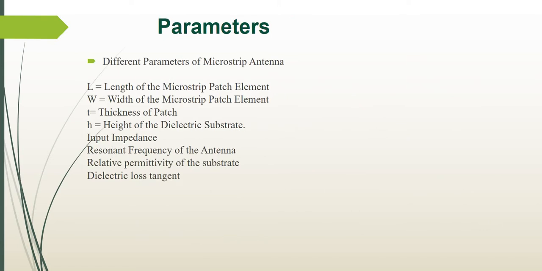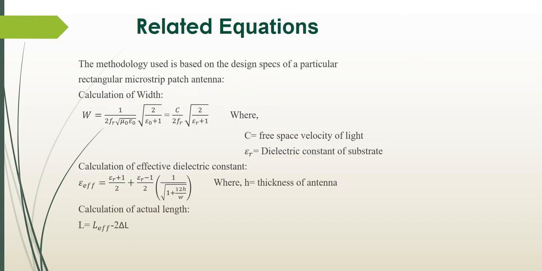So in this design, here are the parameters that we used to design the patch antenna: length, width, thickness, height of the substrate and the patch antenna, and also the input impedance of the transmission line, resonant frequency of the antenna, relative permeability of the substrate, and dielectric loss tangent.